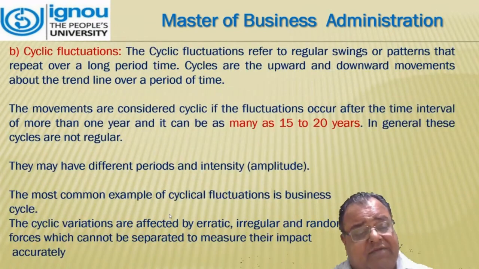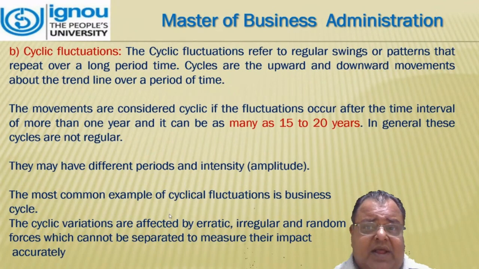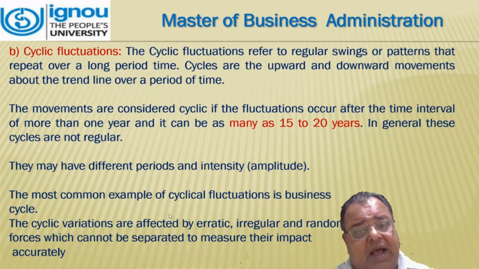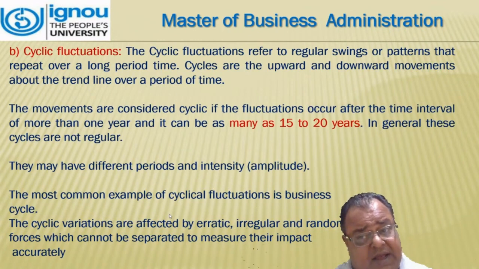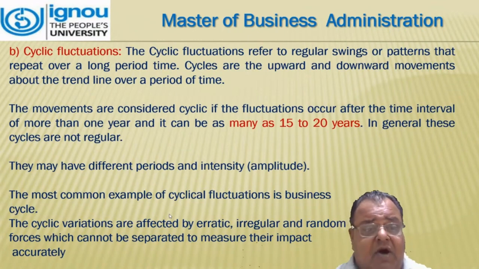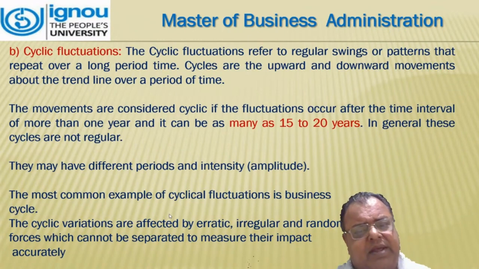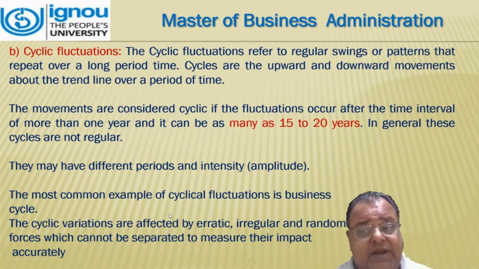Second one is cyclic fluctuations. The cyclic fluctuations refer to regular swing or pattern that repeats over a long period. Cycles are the upward and downward movements about the trend line over a period of time. The movements are considered cyclic if the fluctuation occurs after a time interval of more than 1 year, or it can be as many as 15 to 20 years.